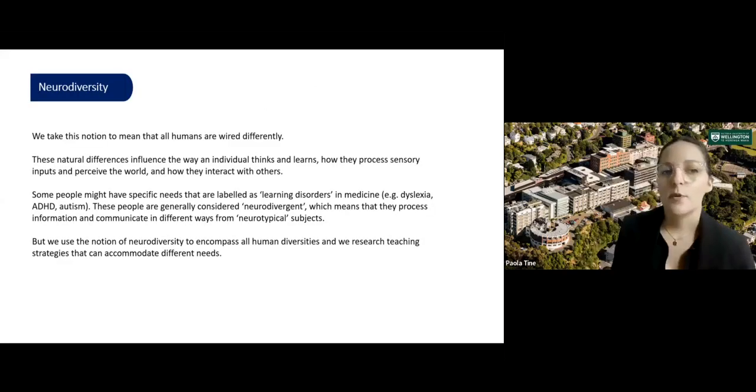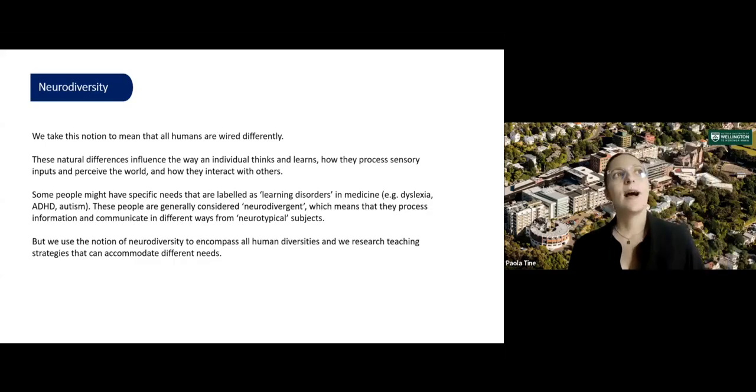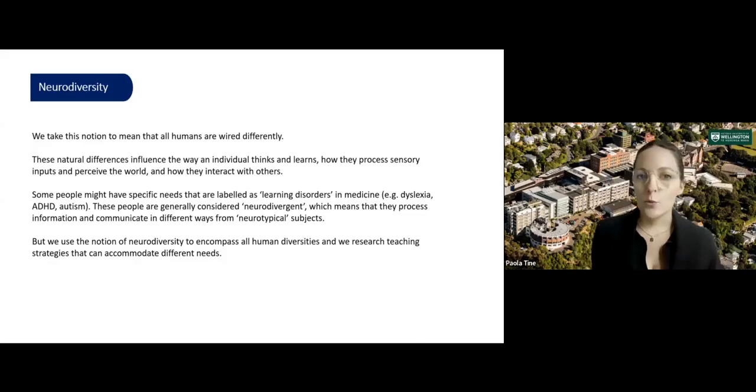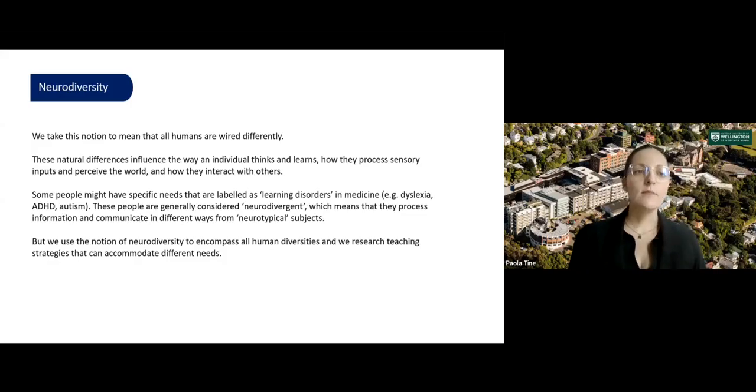So to give you some context first on how we take the notion of neurodiversity. We take this notion to mean that all humans are wired differently. These natural differences influence the way an individual thinks and learns, how they process sensory information, how they perceive the world, how they communicate, and how they interact with others. Some people might have specific needs that are labeled as learning disorders in medicine, for example, dyslexia, ADHD, autism, just to name a few.